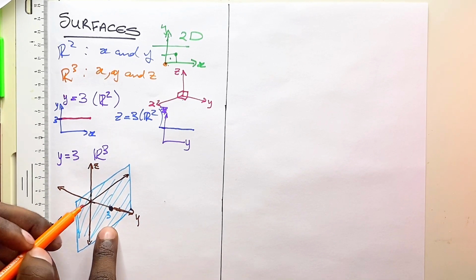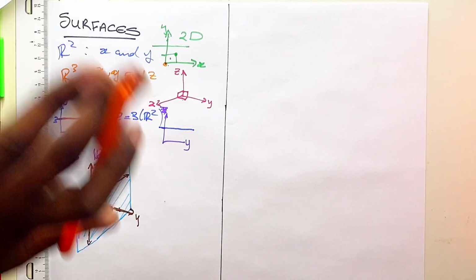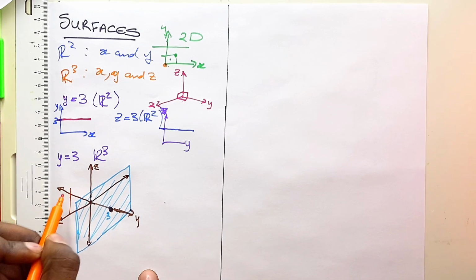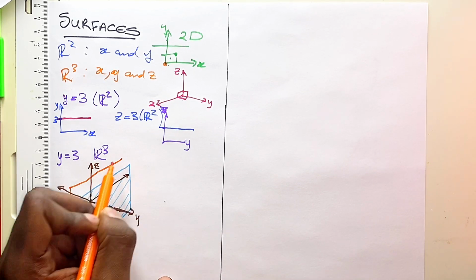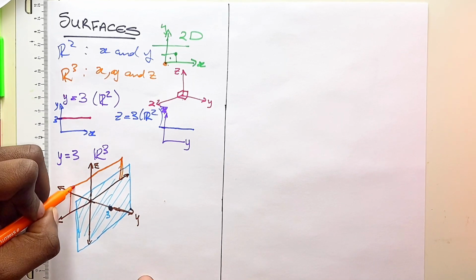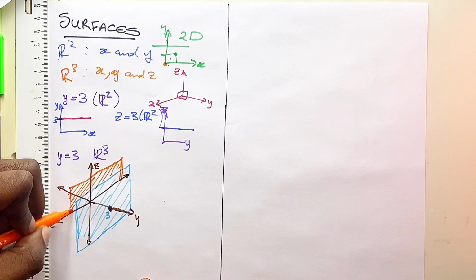Now if you have difficulty seeing it, you can tell that it is a flat surface that is parallel to the xz plane. So you can have another plane on top of the x-axis, and it will go something like this.